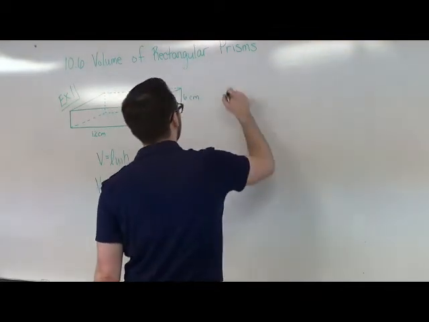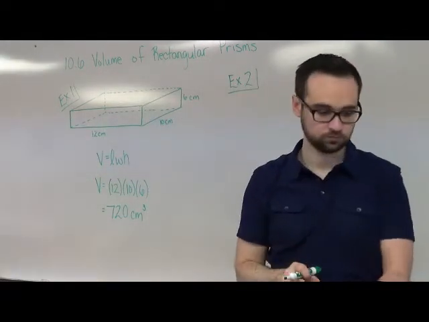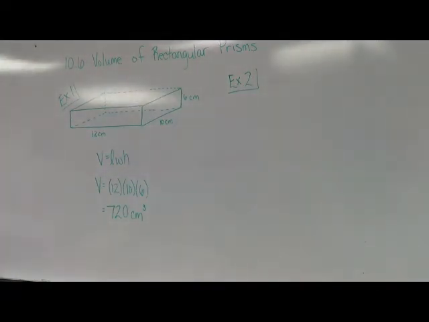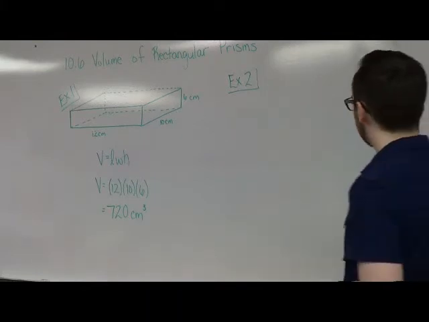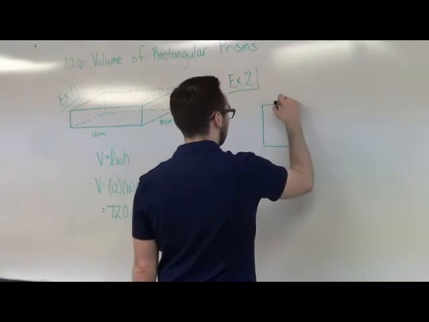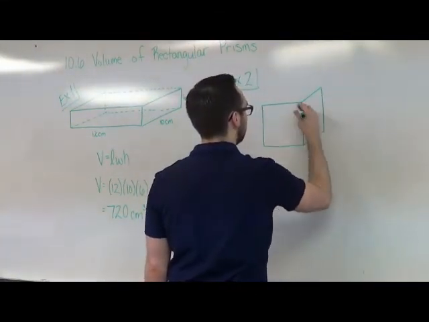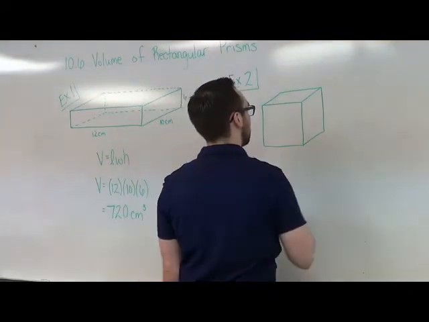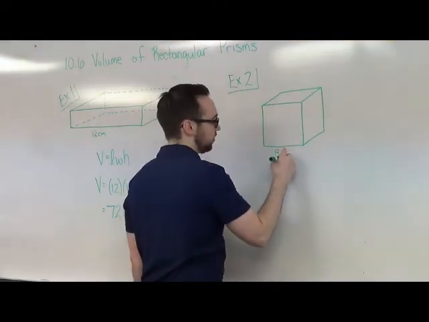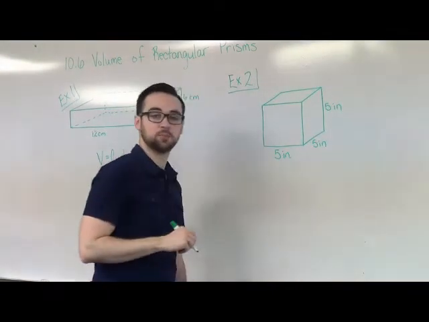So let's do a couple more examples. Alright, so what if we have a perfect cube? So if I have this box, and I say it's 5 inches by 5 inches by 5 inches. It's a perfect cube.